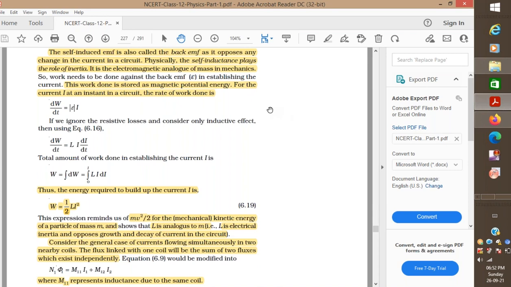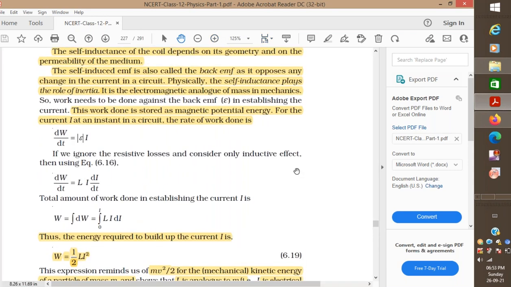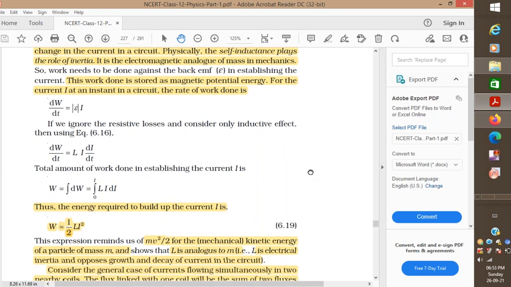We have learned the inertia in mechanics is the mass of any object. So in an electrical circuit, the inertia is the self-inductance. A self-inductance has the same role as the mass in mechanics.